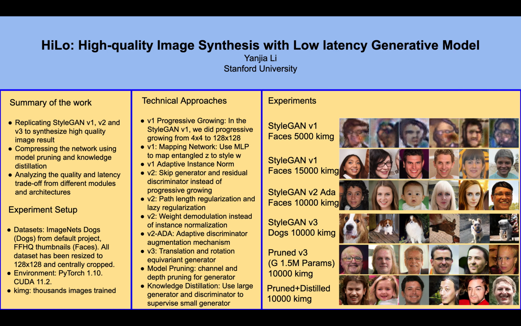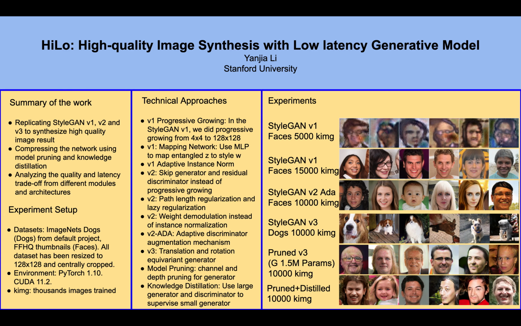In the V2 paper, it also mentioned some regularization called path length regularization, and they also did lazy regularization in order to further optimize the training process, to make it faster and less memory consuming. Another interesting and useful trick is from a different paper called adaptive discriminator augmentation.